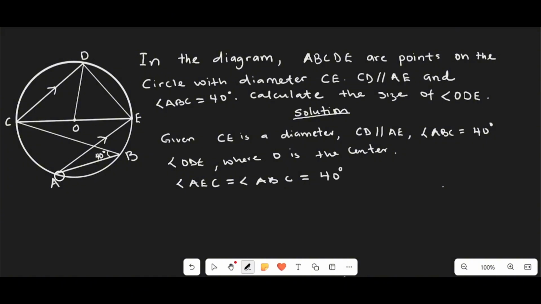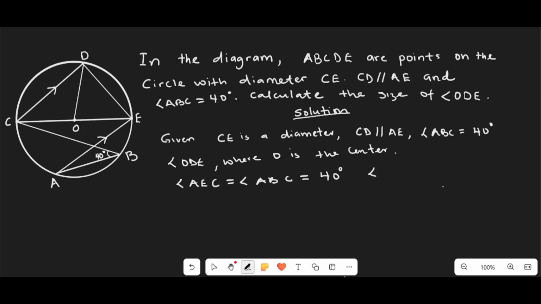Since line AE is parallel to line CD, angle AEC is equal to angle DCE because they are alternate angles.